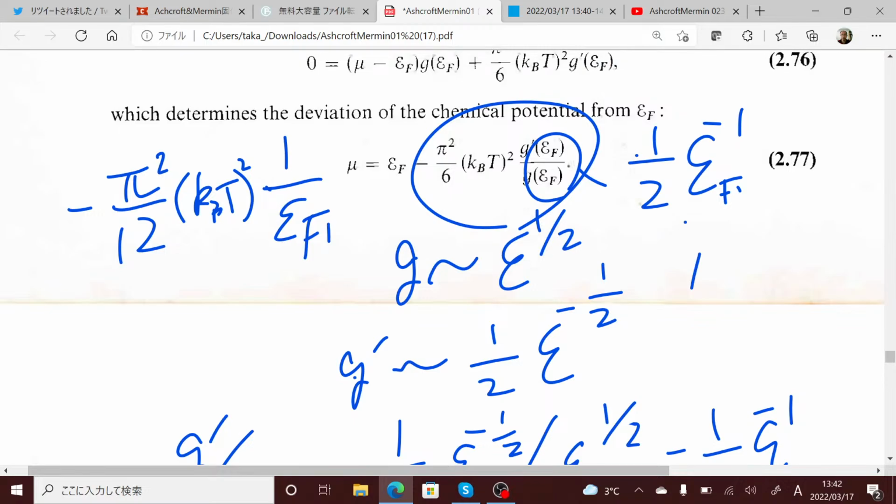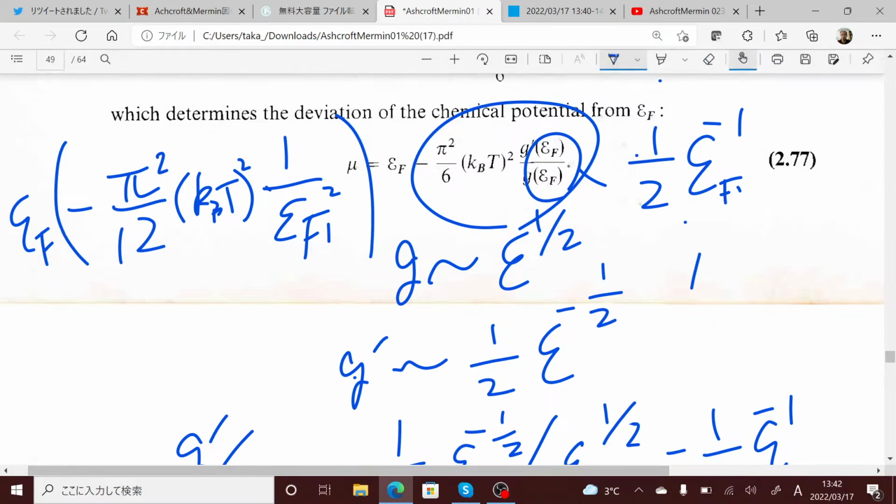Then we put epsilon F outside, so this becomes like epsilon F squared.